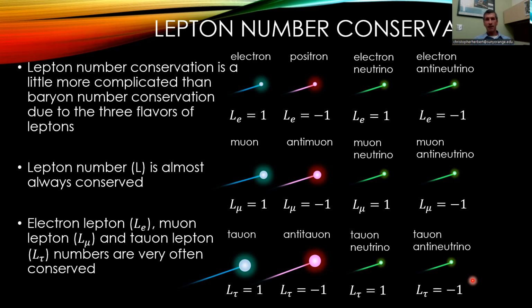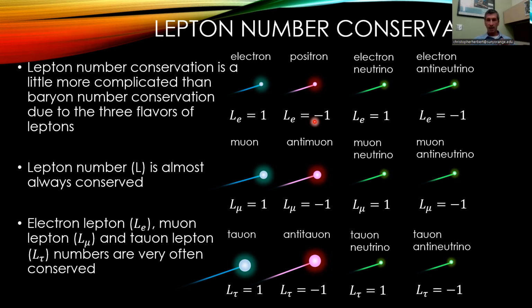Now, lepton conservation, as I sort of gave a prelude earlier on, is a little bit tricky because of the neutrino. If we look at this, the electron is a matter particle, so it has a lepton number of 1. Its antimatter particle would therefore have a lepton number of -1.